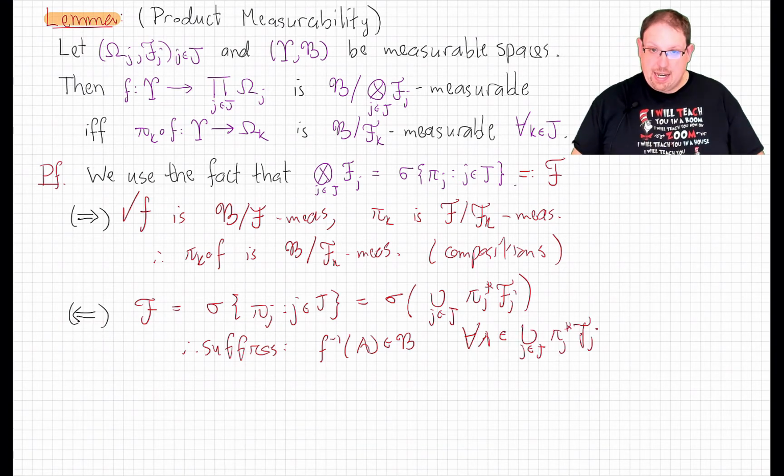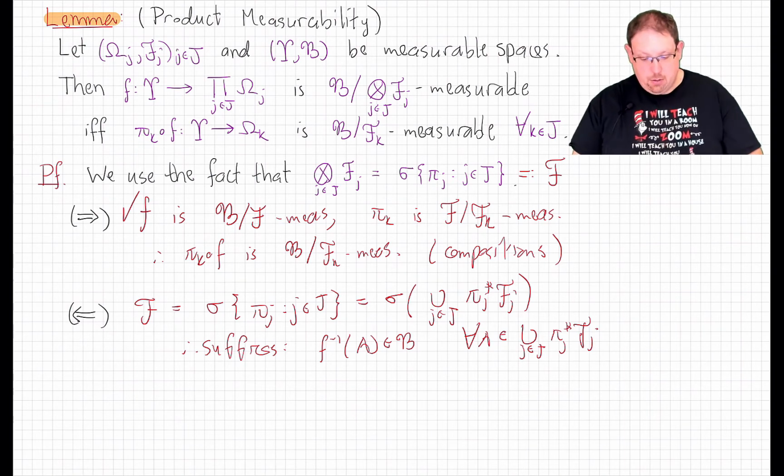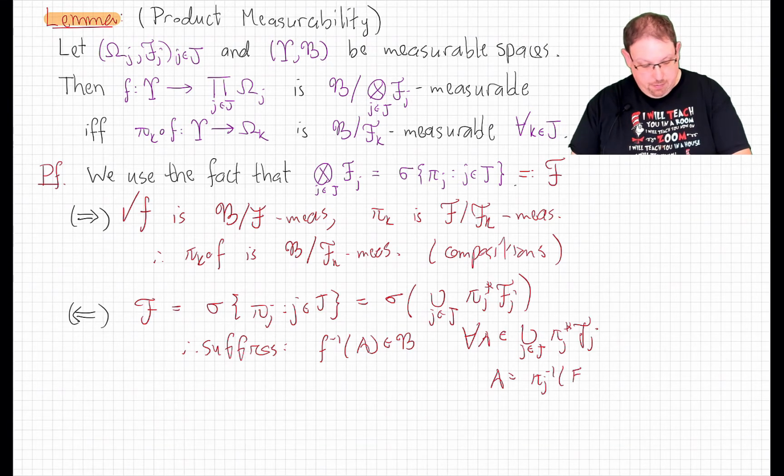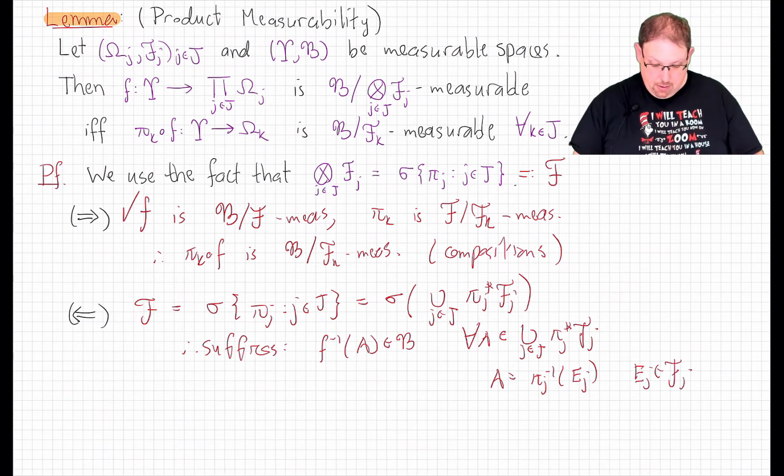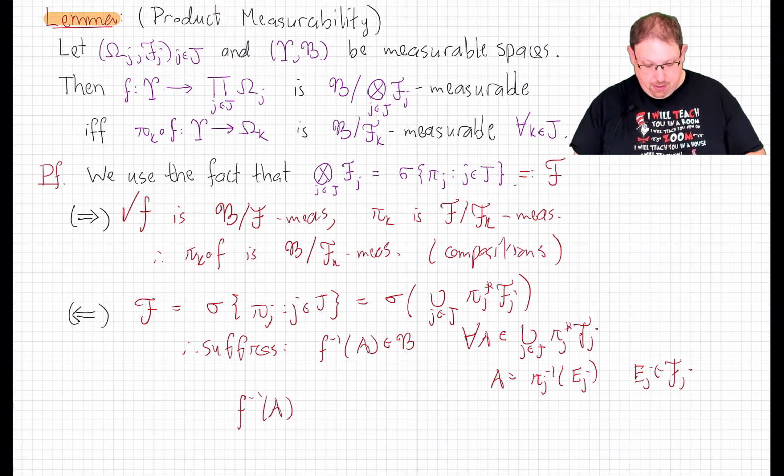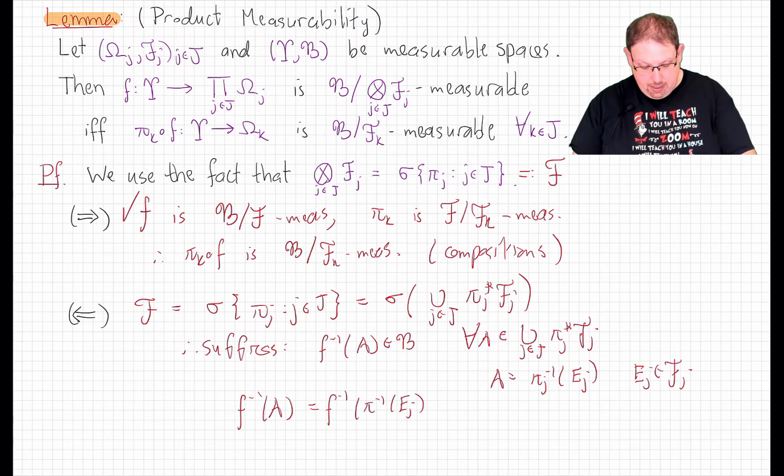Well, sets A in that union are sets that are in at least one of those pullbacks. In other words, A is equal to the preimage under pi j of some set Ej in the sigma field Fj. So if we have such an A, then the preimage under F of it is the preimage under F of the preimage under pi j of Ej.